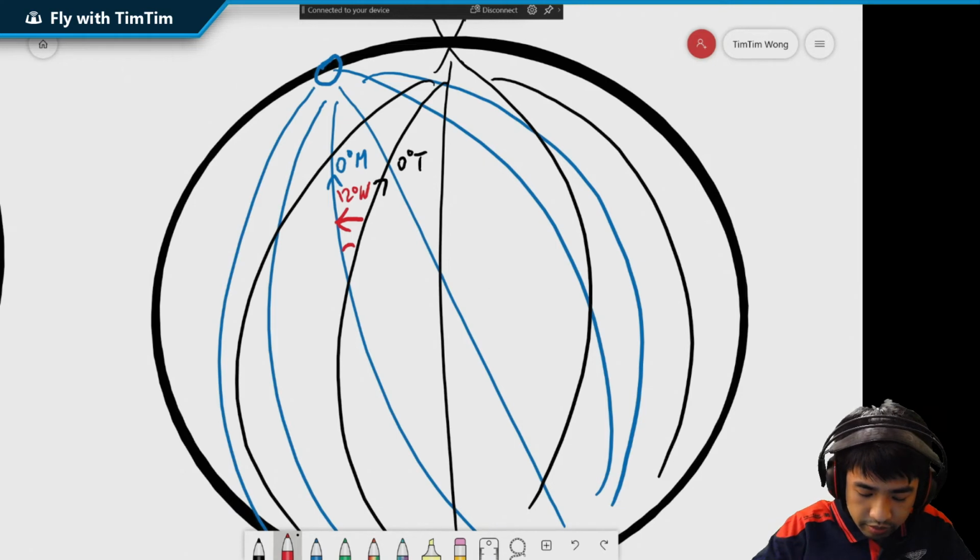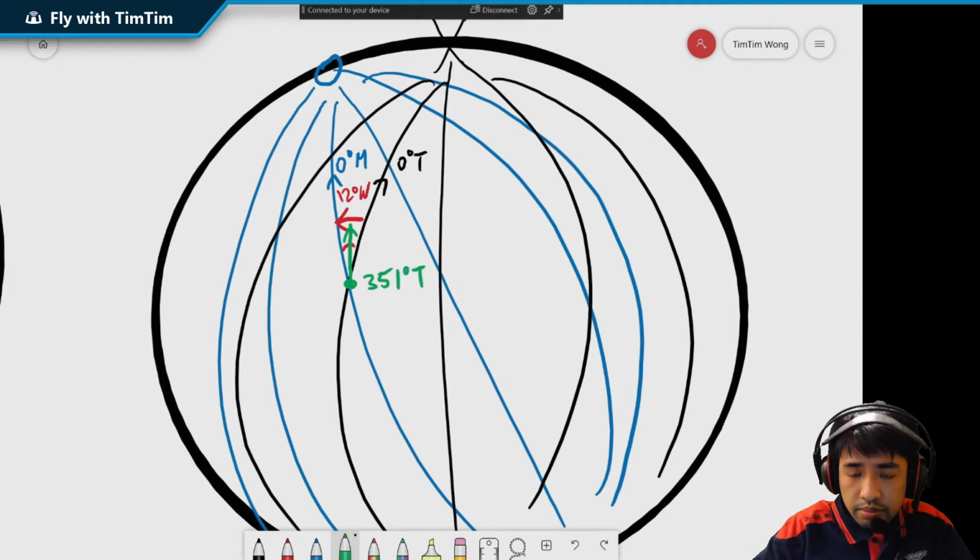So let's try an example. Let's say 351 degrees true. What would be its magnetic equivalent?